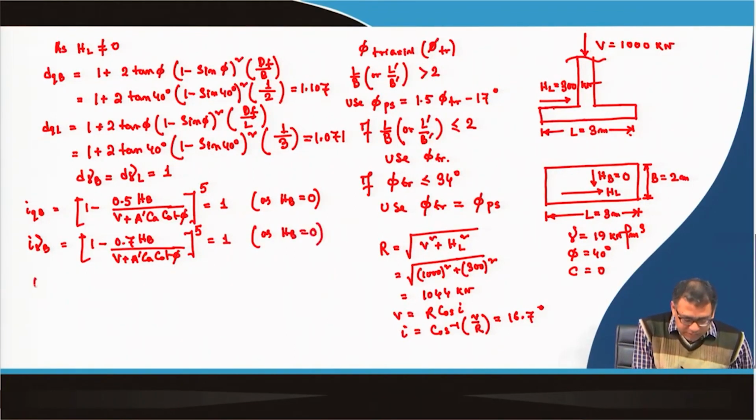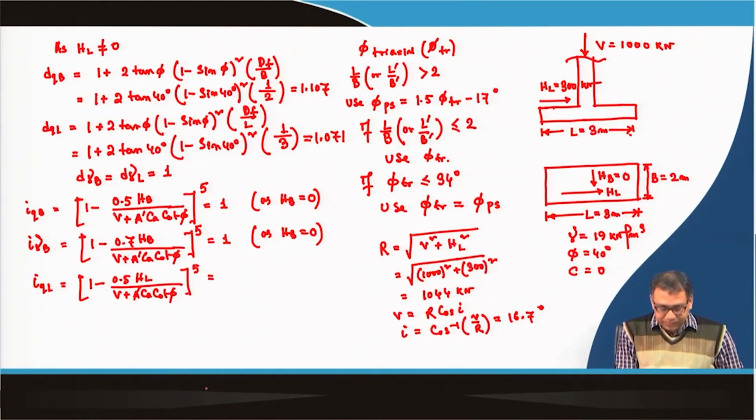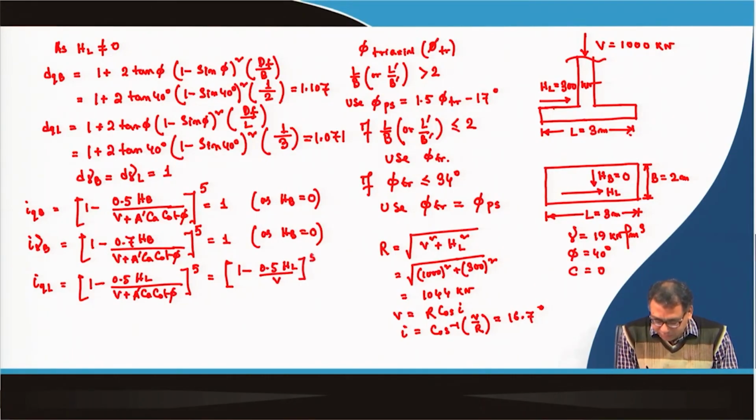And then now iQL, which is 1 minus 0.5 HL divided by V plus A dash C A cot phi, because A dash is the same. Now as the C is 0, this part will be 0. So, the equation will be 1 minus 0.5 HL divided by V only, to the power 5.